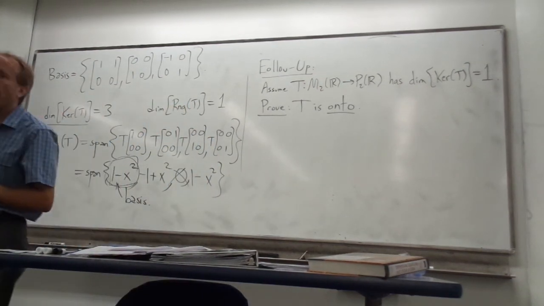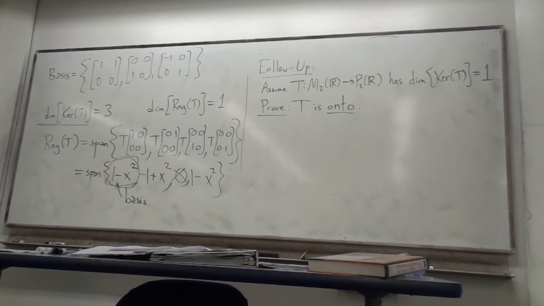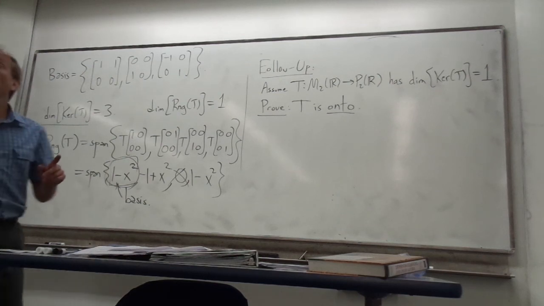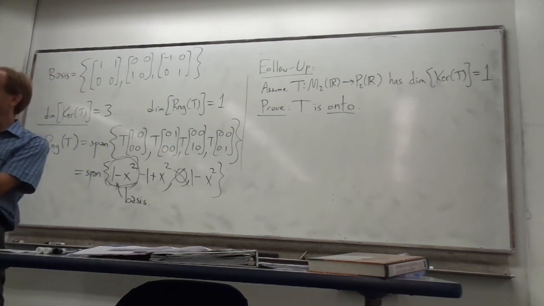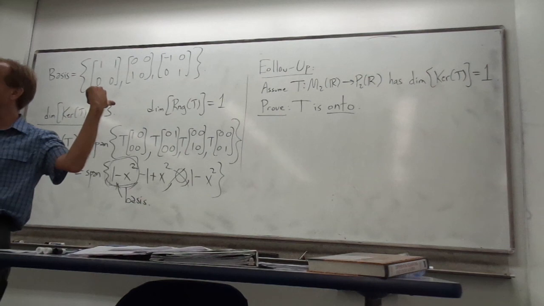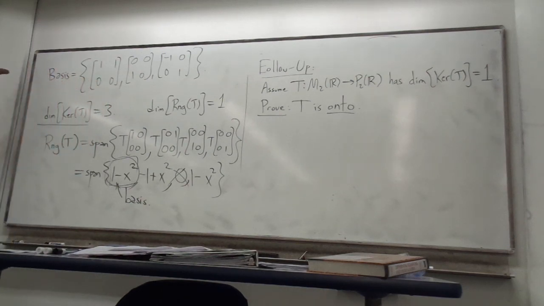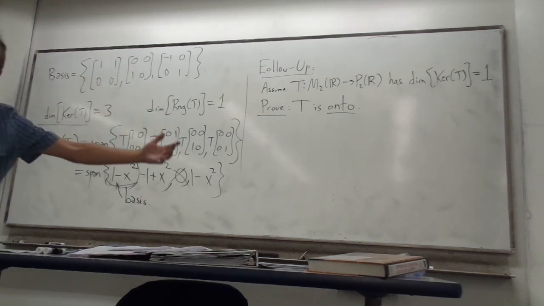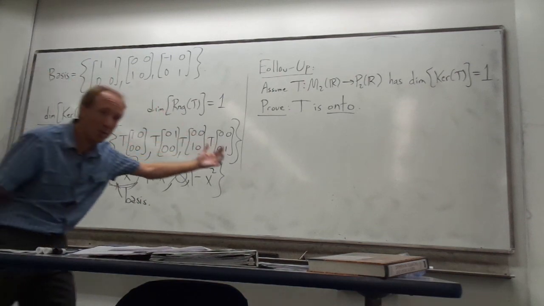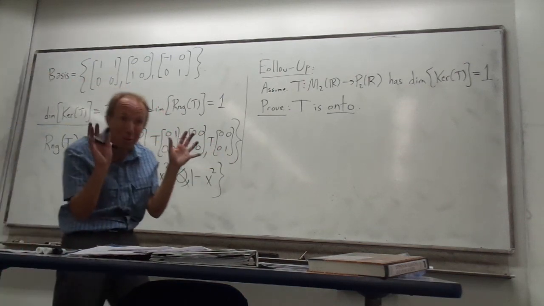I'm going to give you guys like 30 seconds to stare at that. Try and think through in your mind, how would you convince me that it has to be onto? Just a second. Now remember what onto means. If this is a question on the test, the first thing you're probably going to want to do for partial credit is remind me what onto means. You explain what you're trying to explain, even if you don't know how to explain it.